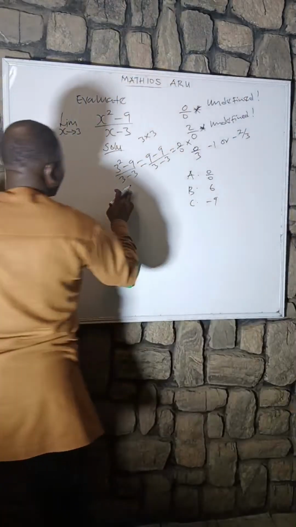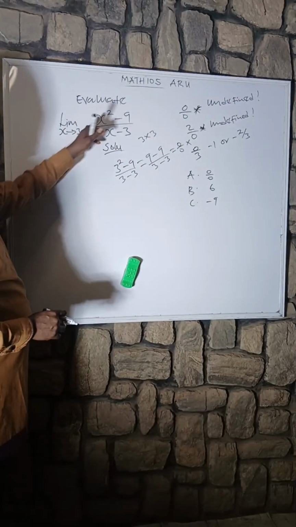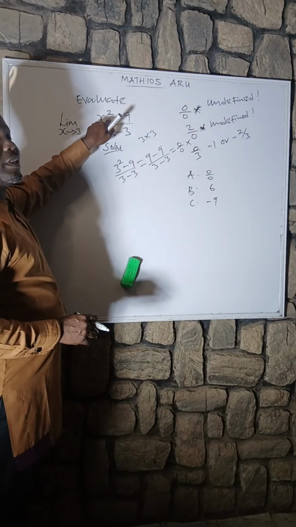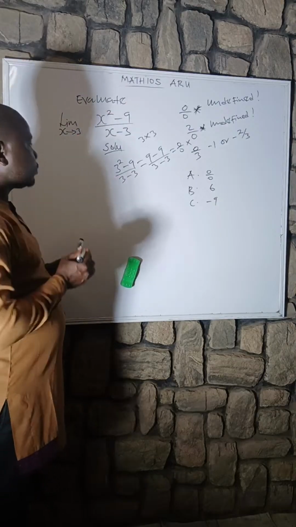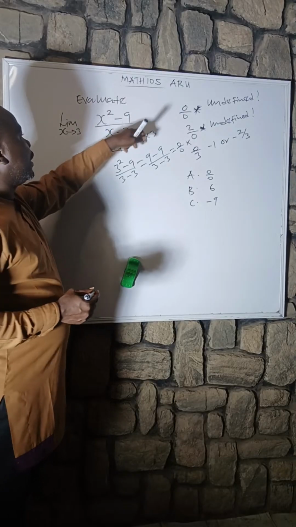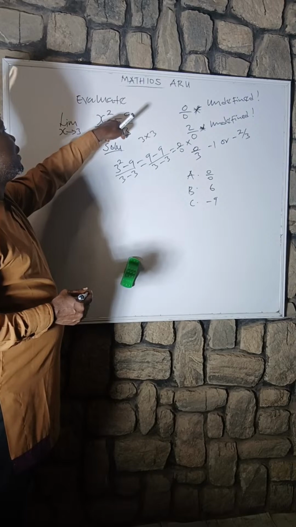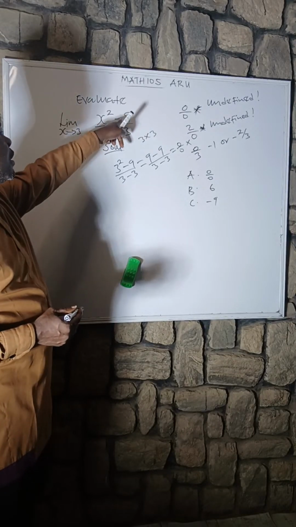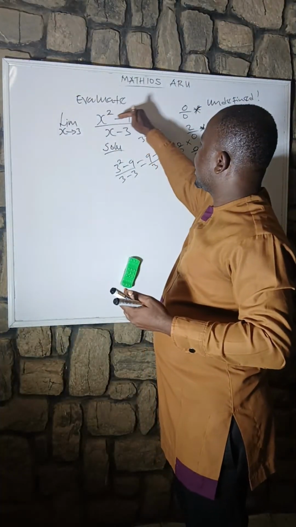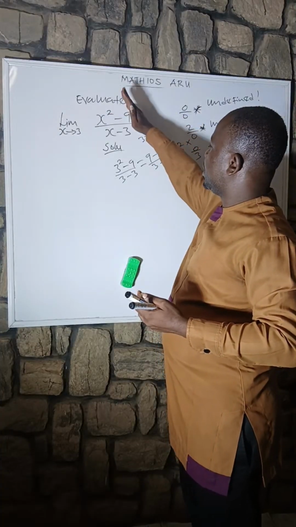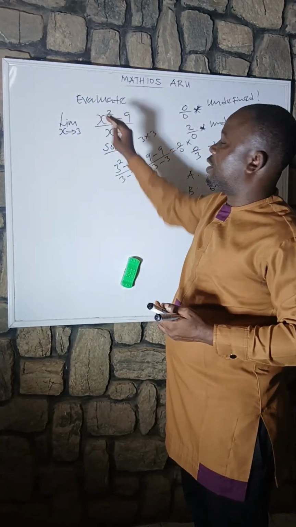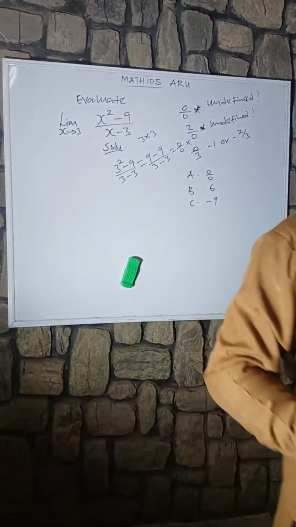So now what we need to do here is, since x squared is a perfect square, and 9 is also a perfect square, and the operation between them is negative, it means we can redefine this numerator. We can approach it using the difference of two squares. Do you agree with me?